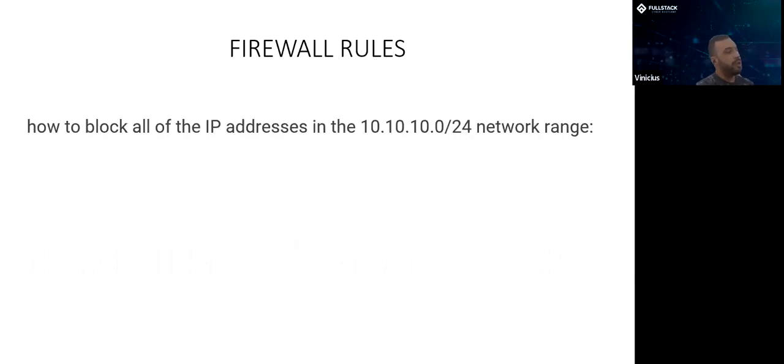And now I want to block all of the IP addresses in the 10.10.10 range. So 10.10.10.1, 10.10.10.2, 10.10.10.3. How can I block the whole range in IP tables? Where am I applying that rule?